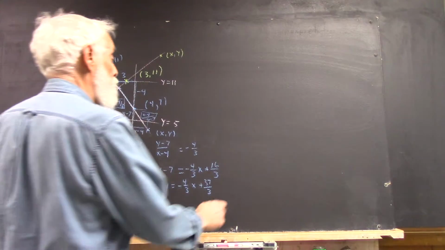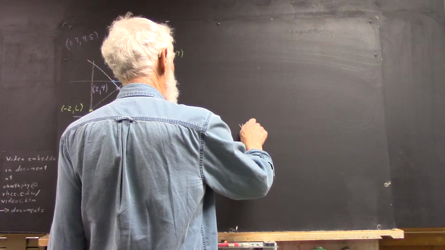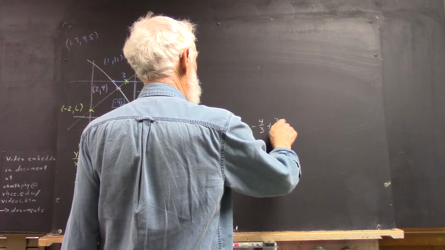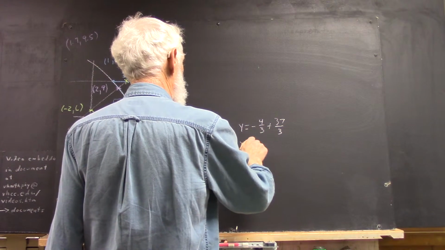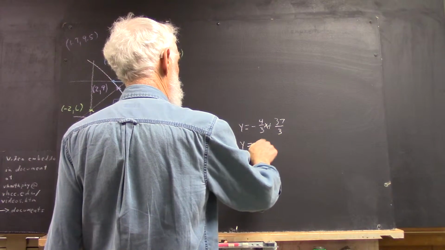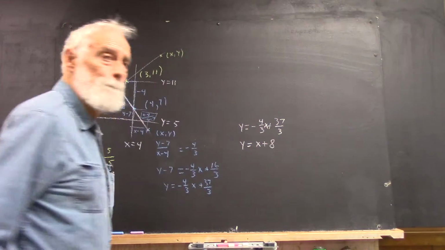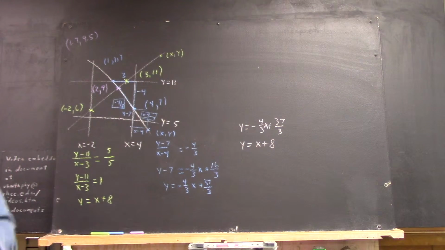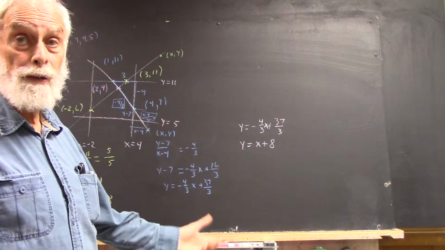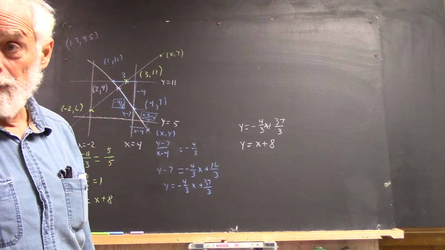So that gives us the simultaneous equations, y equals negative 4/3 x plus 37/3, and y equals x plus 8. Well, that's 2 simultaneous equations and 2 unknowns. I can solve it in any number of ways, right?